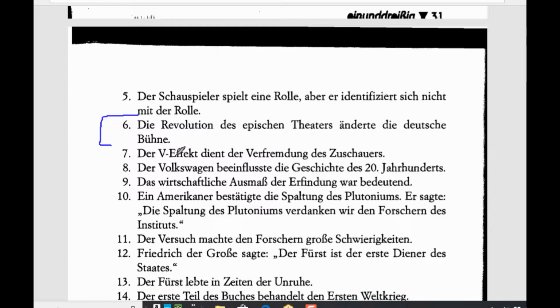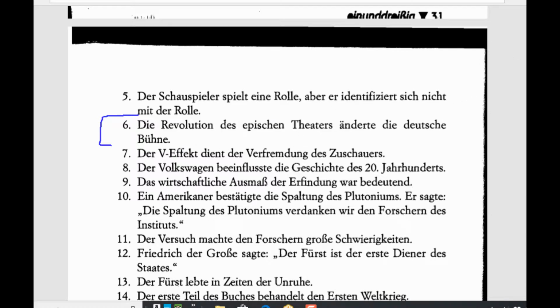Okay, let's read that one. Die Revolution des epischen Theaters änderte die deutsche Bühne. Everybody? Die Revolution des epischen Theaters änderte die deutsche Bühne.